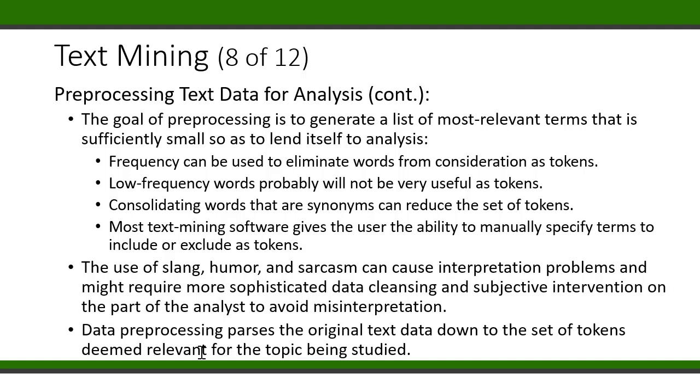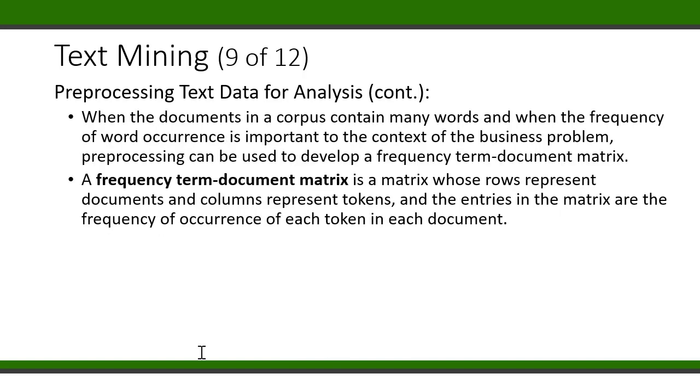After you've done those things, you want to end up with a set of tokens that you think are relevant for what you're trying to study. If you're having to identify a lot of words, then you want to do that frequency that I mentioned earlier. And what you'll be generating is a frequency term document matrix.